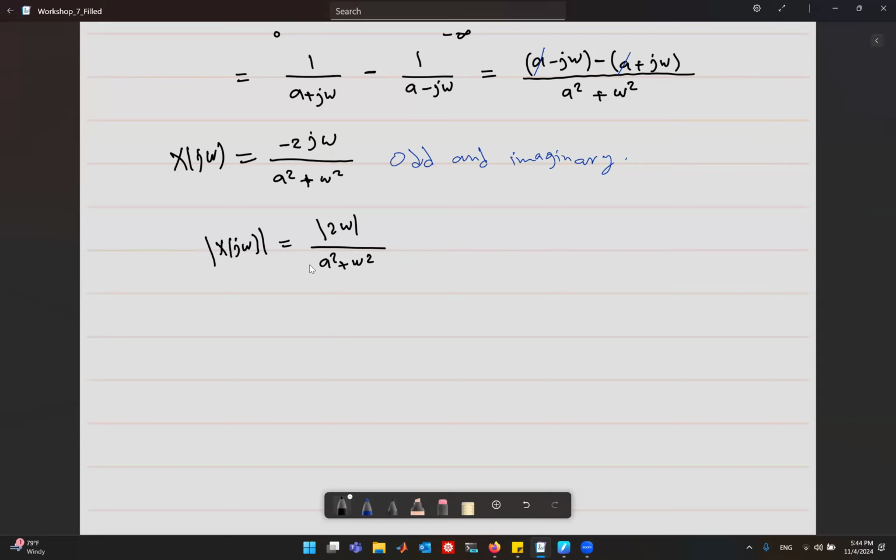Okay. And if we plot this versus the frequency omega, when omega is 0, we have 0. And then when omega is positive or negative, we'll have two symmetric parts.